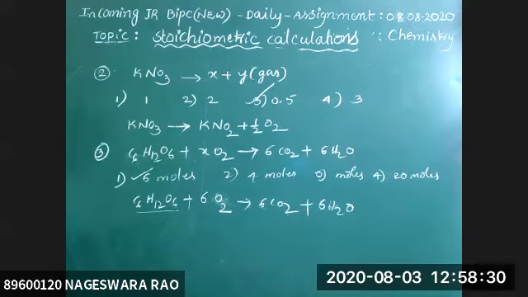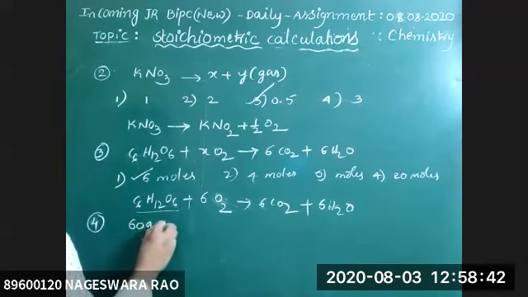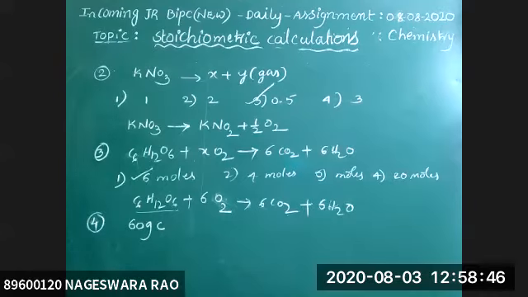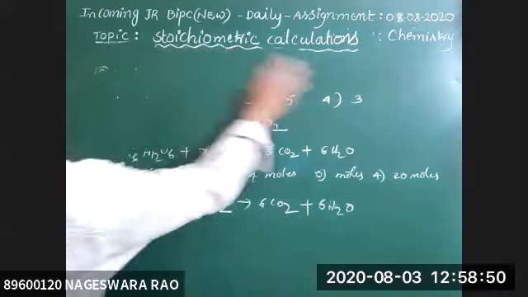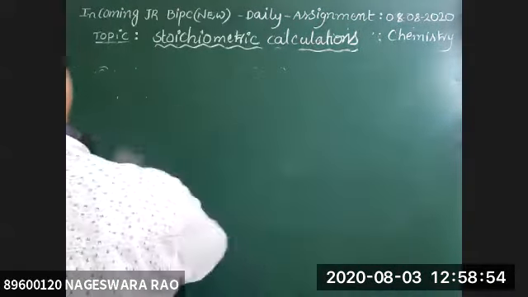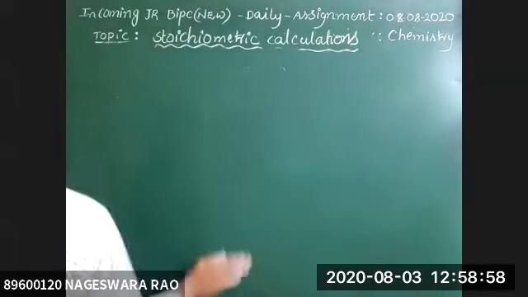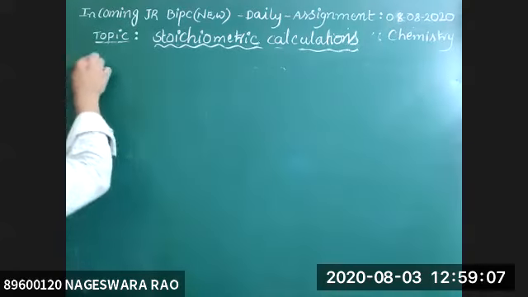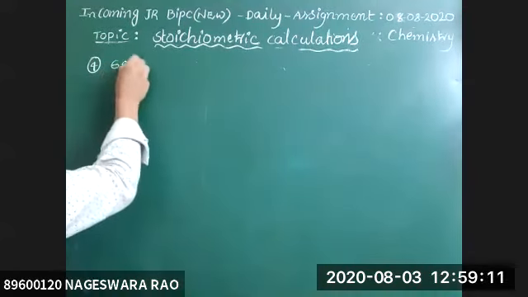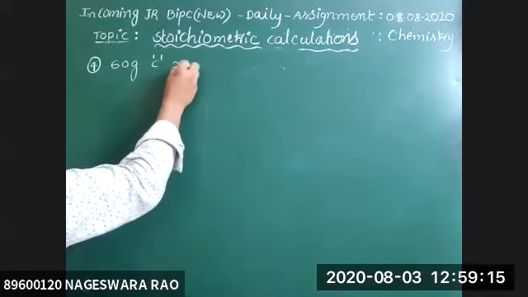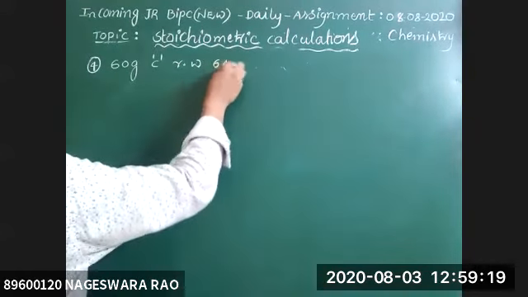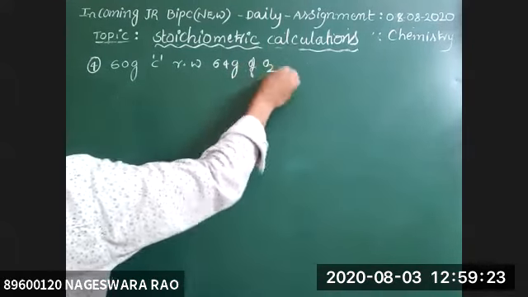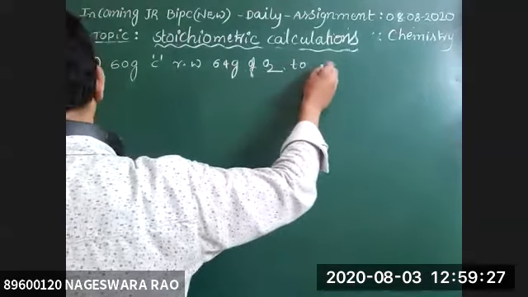So next, question number 4. 60 grams of carbon react with 64 grams of O2 to form CO2 gas.